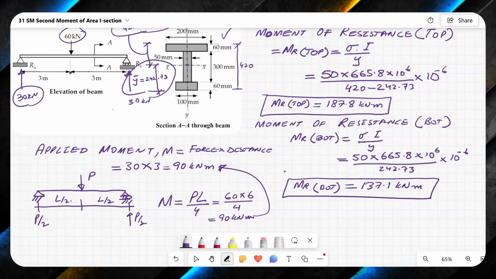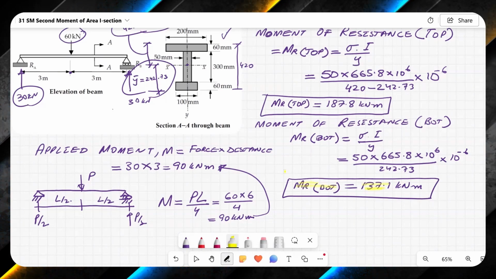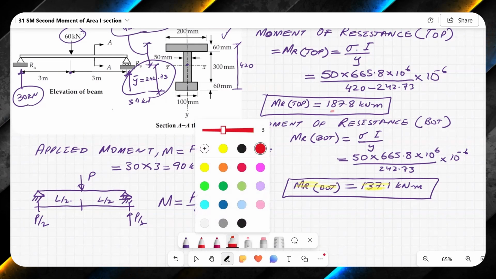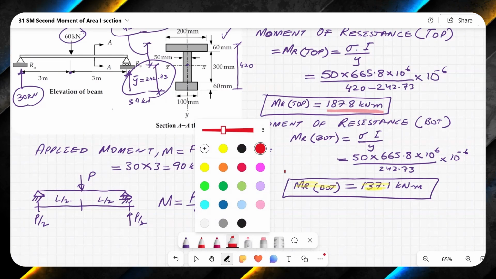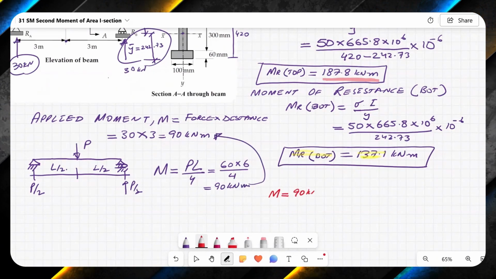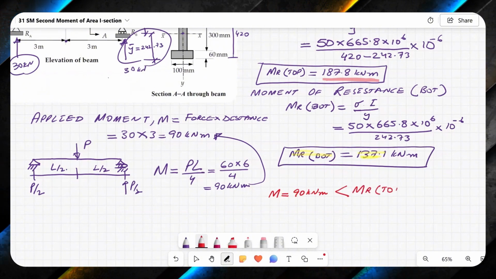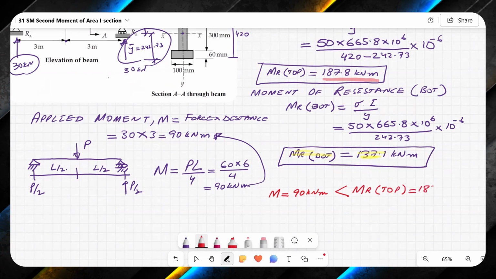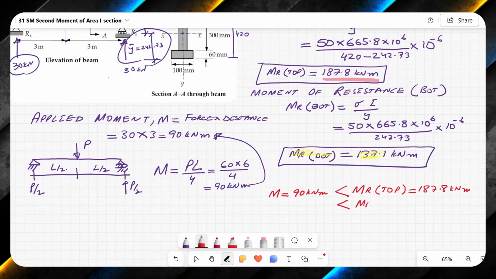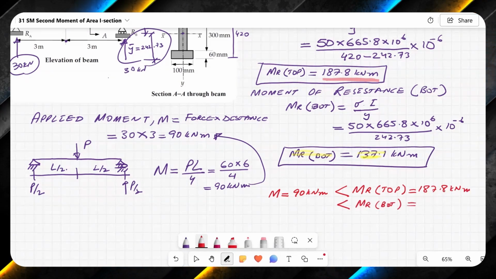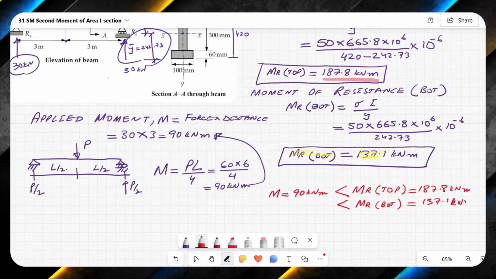Now look at this one. The moment of resistance at bottom is 137. At top, we have this value, 187. M, which is equal to 90 kilonewton meter, is less than MR top, which is equal to 187.8 kilonewton meter, and it is also less than MR bottom, which is 137.1 kilonewton meter.